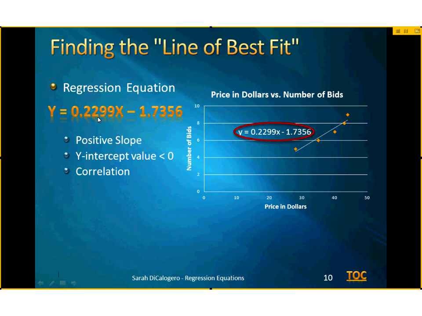So as x increases by 1, y is increasing by 0.2299. A $1 increase in the price is increasing the bids by about 0.23. You can't really talk about the y-intercept here because it's less than 0, so you really can't make any judgments about this y-intercept.